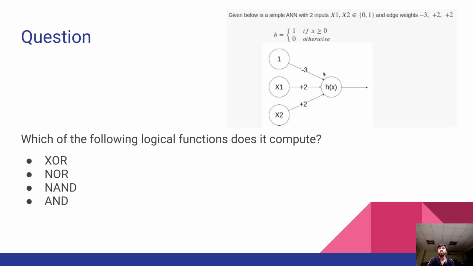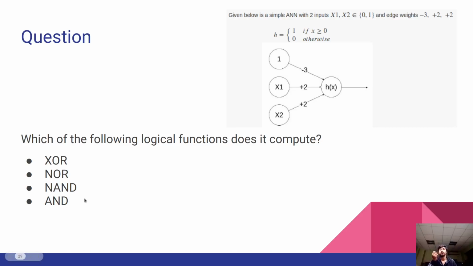So the question is, which of the following logical functions does it compute? If 0 0, what would be the output? If 0 1, what would be the output? 1 1, what would be the output? And then, based on input and output, what would be the function? XOR, NOR, NAND, and what?